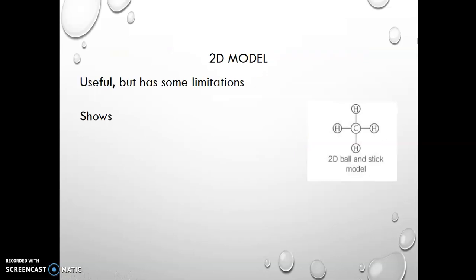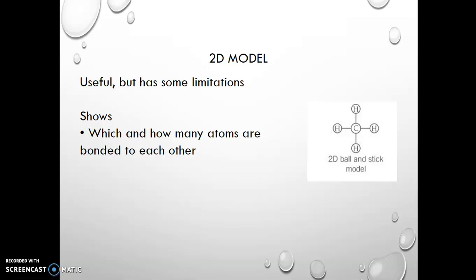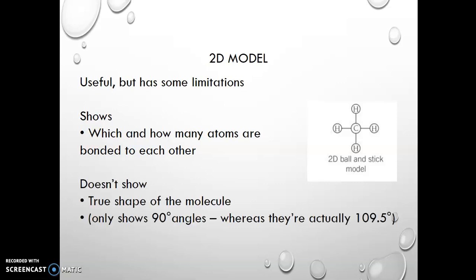Now, in terms of the pluses and minuses of each model, the 2D model is useful, but it has some limitations. It does show us which atoms are in the molecule and how many of each there are, and how many are bonded to each other. It doesn't give us any idea of the shape of a molecule, and it shows 90-degree angles.